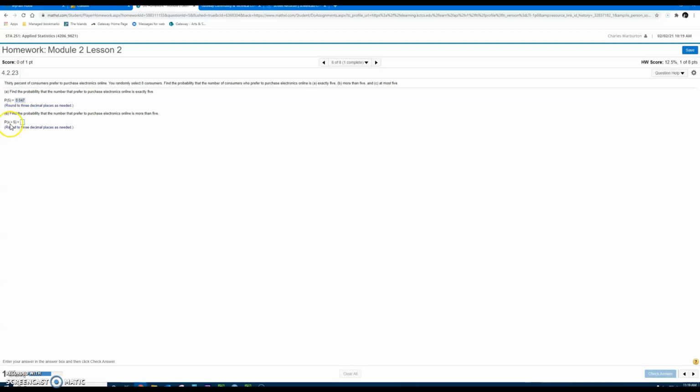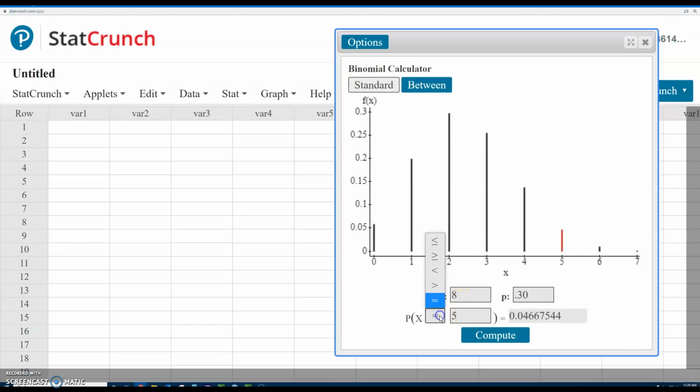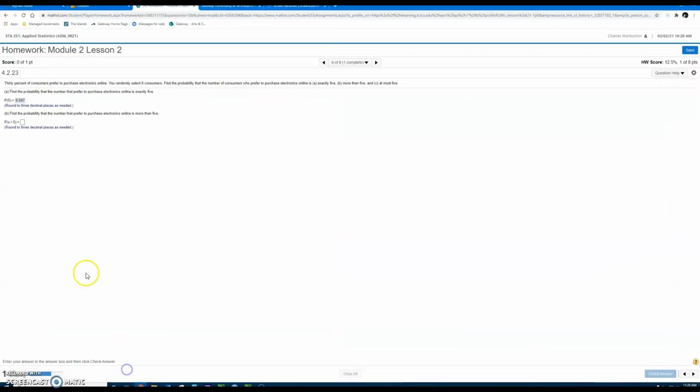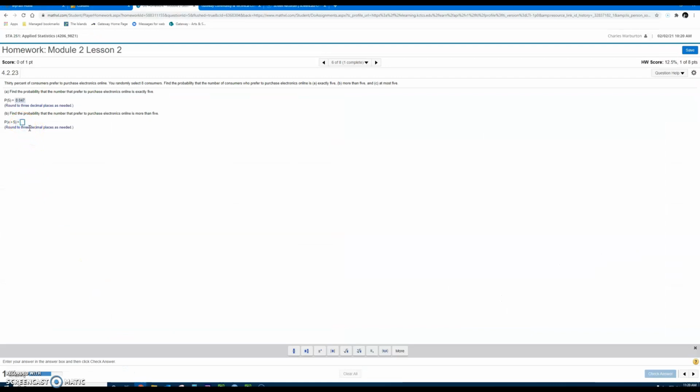And then for the probability that it's greater than 5, use the same calculator, just change your symbol. Greater than 5. Paste it in. Make sure it's to 3 decimal places. That looks good.